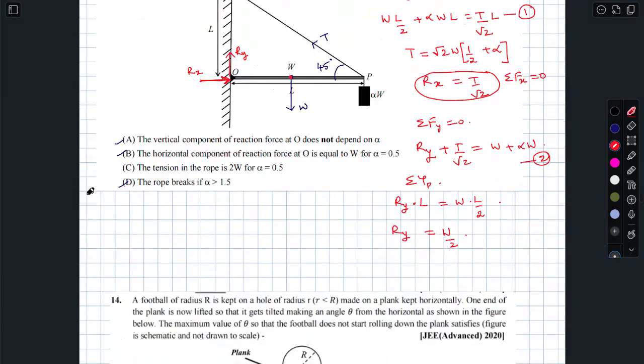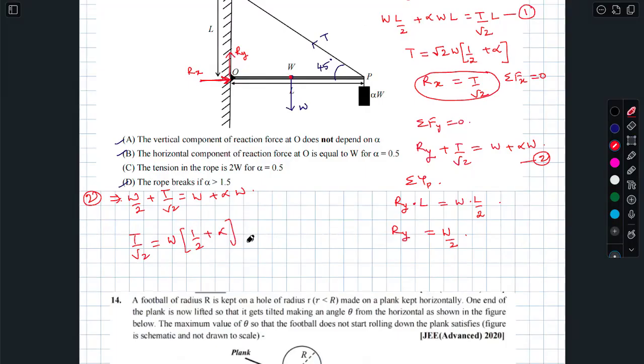Now equation 2 implies W by 2 plus T by root 2 is equal to W plus alpha W. So T by root 2 is obviously the same thing you had, 1 by 2 plus alpha. I already got the same thing.